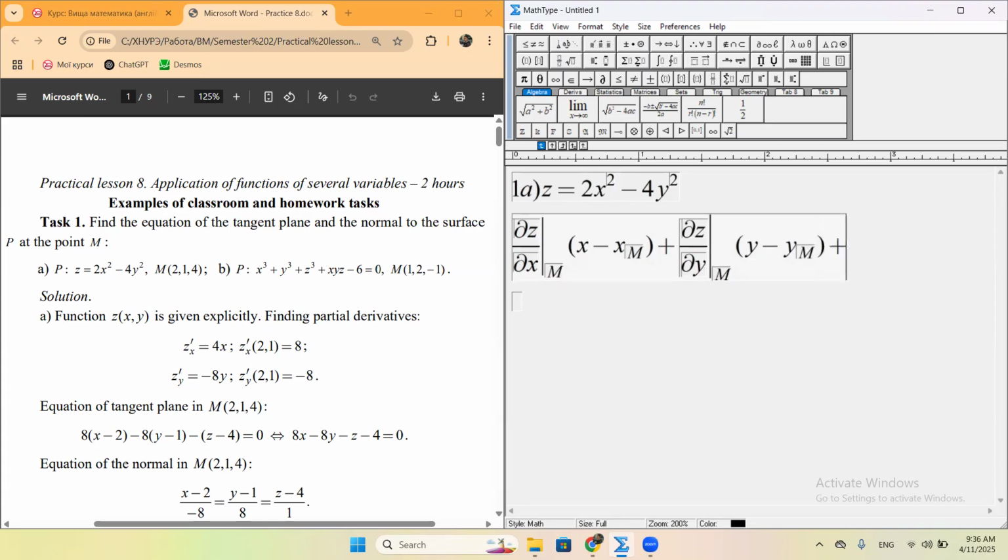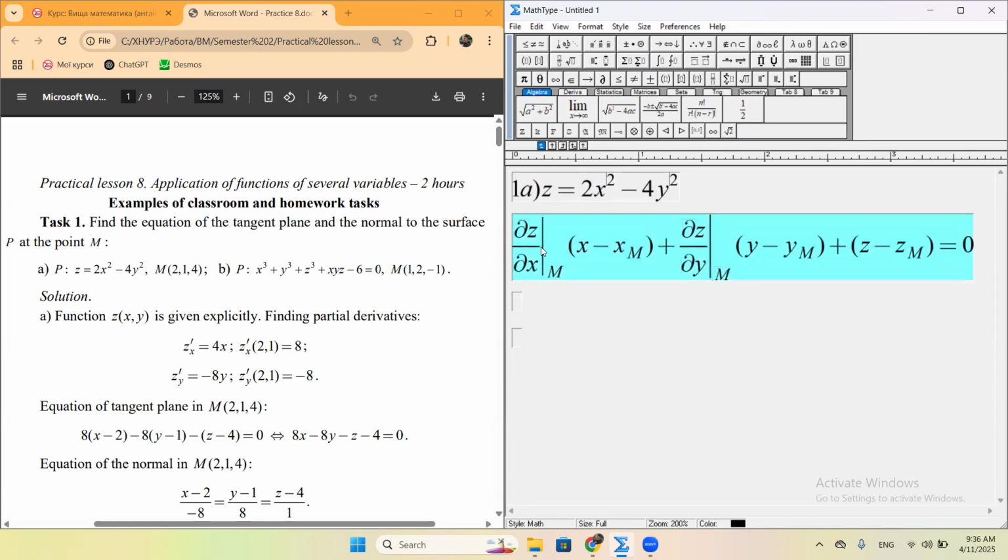Plus z minus z_M equals 0. So this is the case when the function is given explicitly.